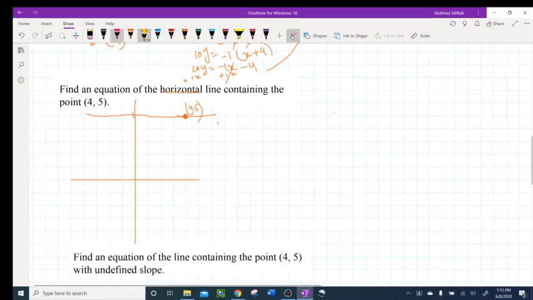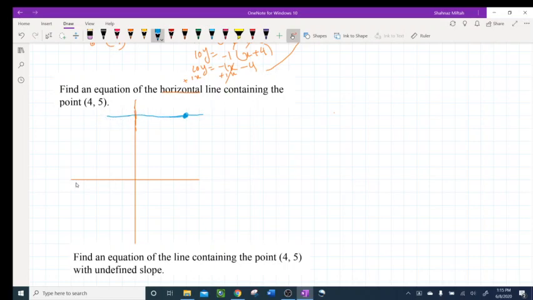Let me make it with a different color. 4, 5 again. 1, 2, 3, 4, 1, 2, 3, 4, 5. This is the point, and the line is supposed to go horizontal like that.